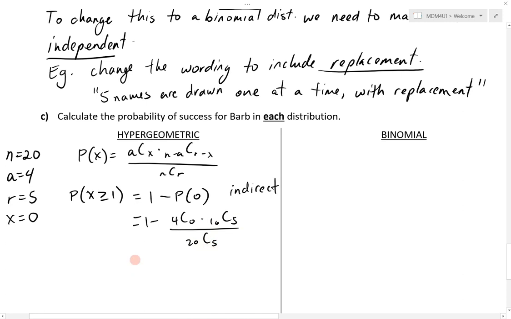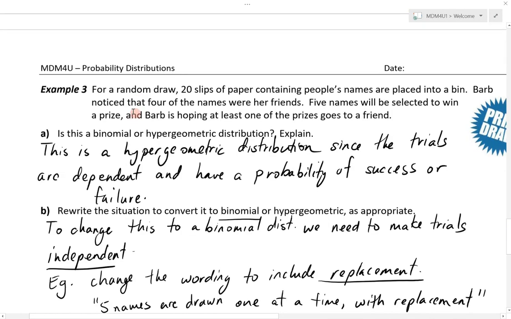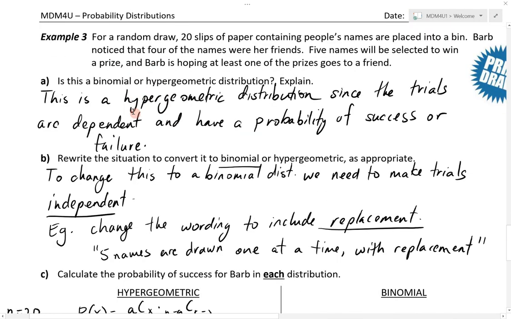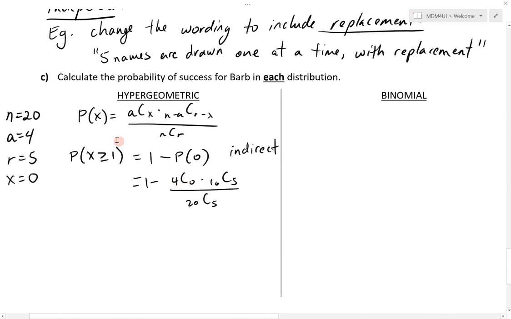Okay, so if you don't understand the math I'm doing right now, she has 4 friends. So she's hoping one of those names will go to her friends. So we're interested in finding the probability of none of the names going to a friend and subtracting that from one. That way we know the probability of having at least one friend winning.